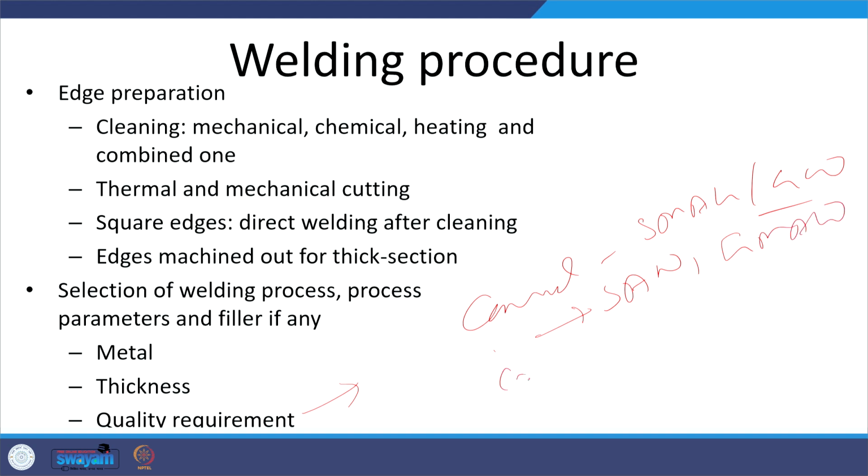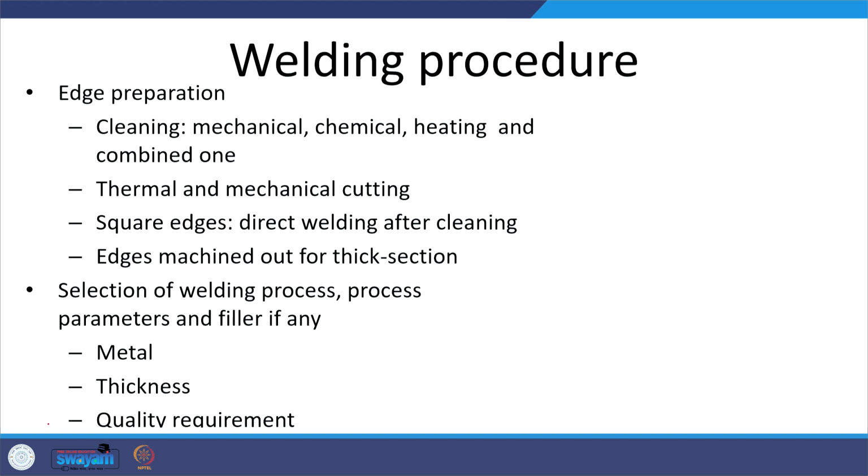But if it is for critical applications, then we will be going for TIG welding, plasma welding, laser welding or electron beam welding. So, depending upon the criticality of the application and quality requirements, the different processes are selected.